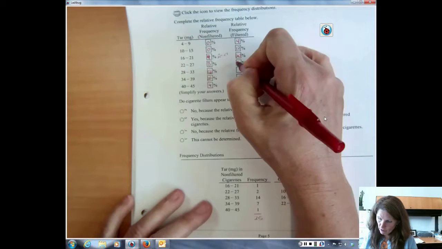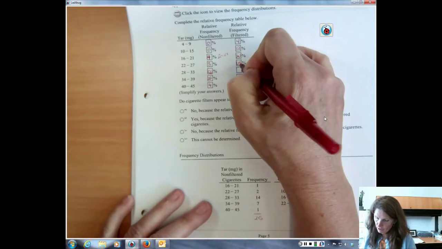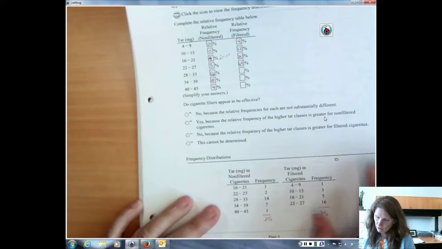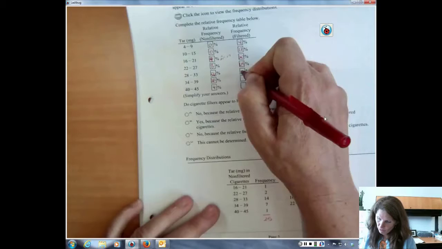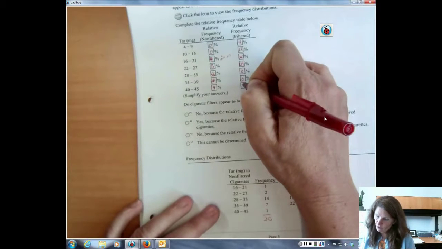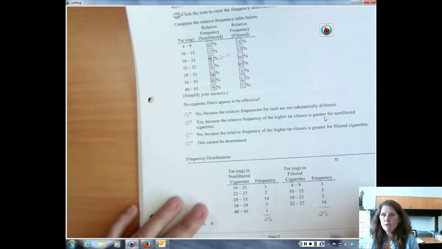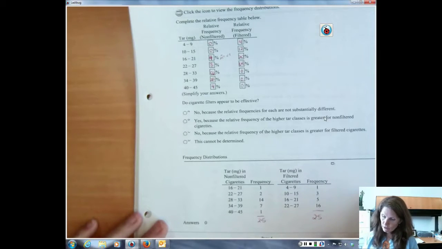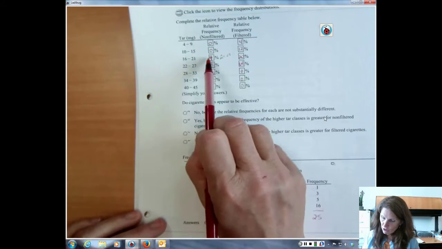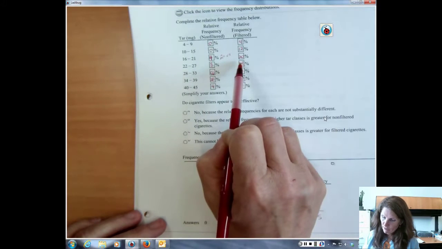So most of the filtered cigarettes fall into that category. And then we don't have any at 28 to 33, at 34 to 39, at 40 to 45. So if your cigarette is not filtered, there's a very small chance that you could get lower amounts of tar than these people that have filtered cigarettes.